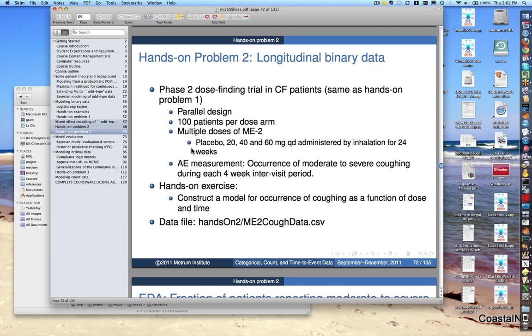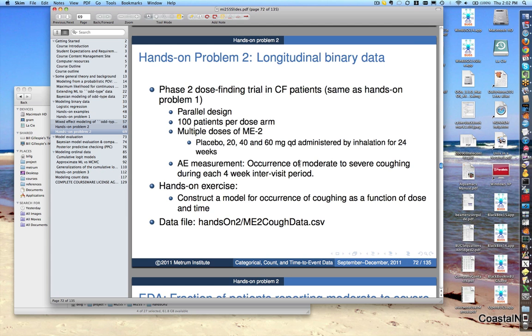The design called for visits every 4 weeks over that 24-week period, so that's 6 visits, at which we have reports of whether or not they experienced a coughing episode during that time. As a result, we're going to have some longitudinal binary data that we're going to be analyzing.